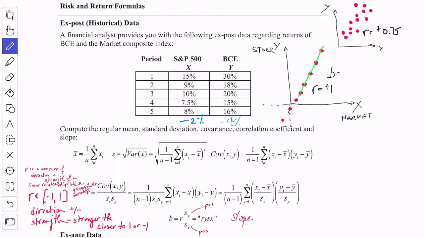I haven't even made a calculation, and I know all these things just by drawing. So it's very important to make a scatter plot. You also need to know how to make these calculations, but by making a scatter plot, you can see a lot. And in computers, you could do that very easily. Manually, with a few numbers, you can do it. Okay, so then the slope, that's where the 2 comes in.